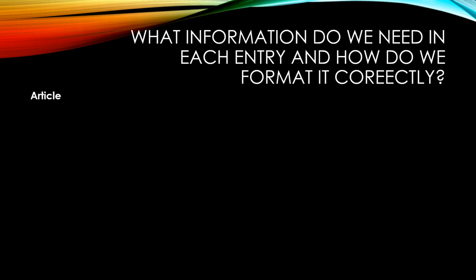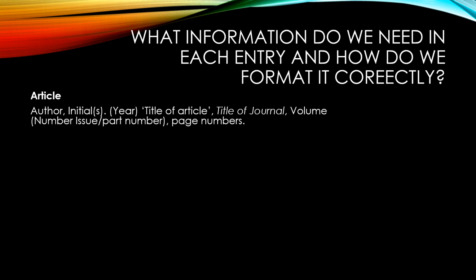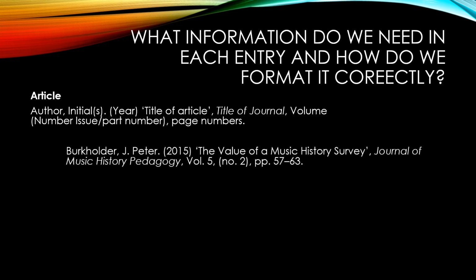The next type of bibliography citation you are most likely to use are articles. The information needed and the format are very similar to an individual author chapter in an edited collection. We still need the author and the year, but we also need to include the title of the article in quotation marks. The title of the journal should appear in italics, since this is the main publication.